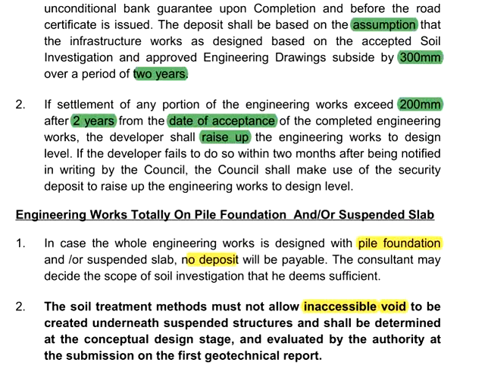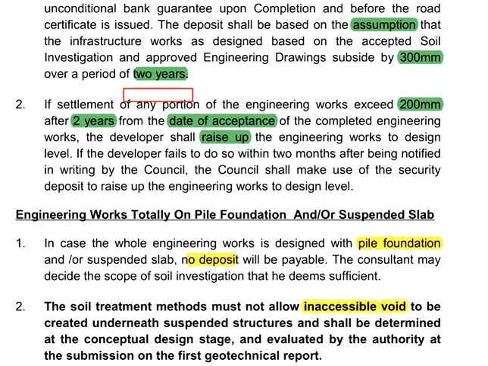The amount of the deposit shall be based on the assumption that the infrastructure works, as designed based on the accepted soil investigations and approved engineering drawings, subside by 300 mm over a period of 2 years.